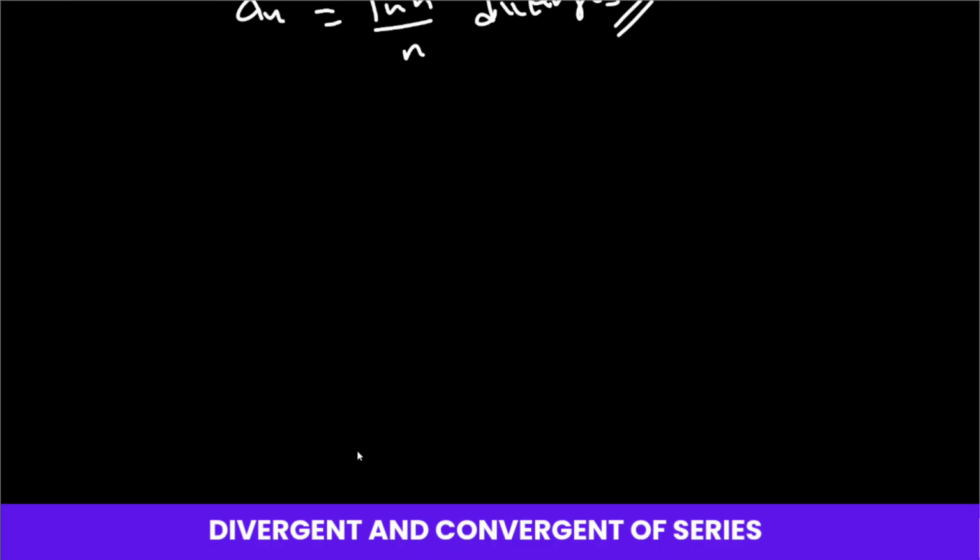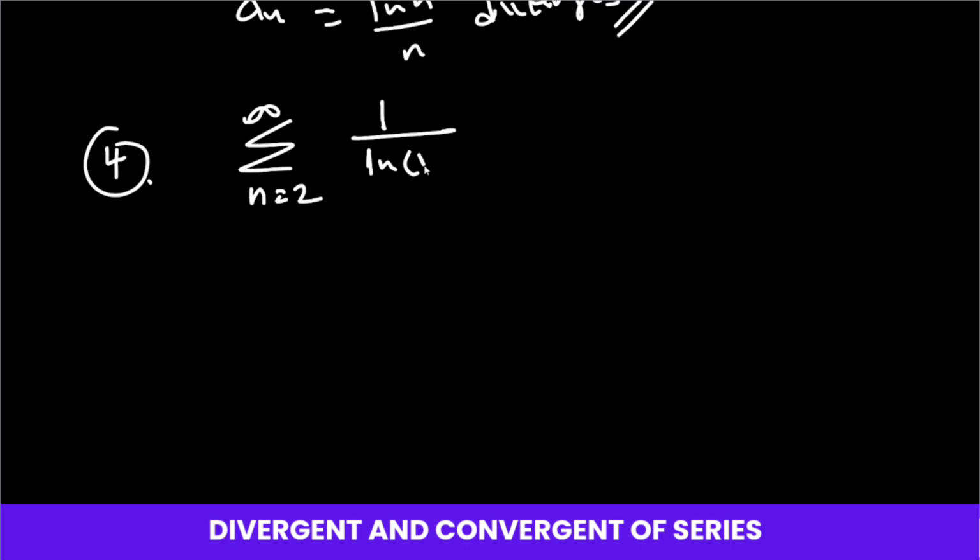So let's take a classical example again, example 4. We can see the summation from n is equal to 2 to infinity of 1 over the length function of n.